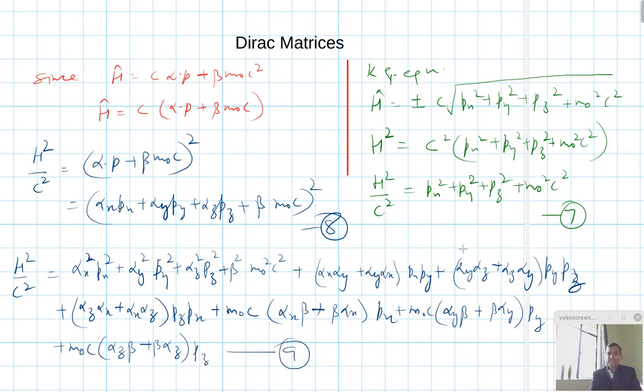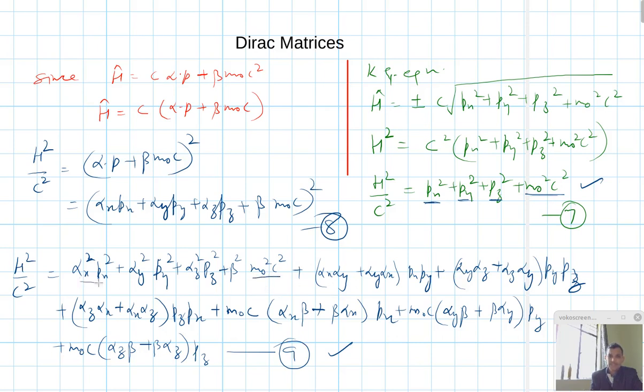Now if I compare equations 7 and 9, the coefficients of px square, py square and pz square are always 1. So if I keep this in mind and compare this equation with that equation, this is m naught square c square, and here it is m naught square c square.